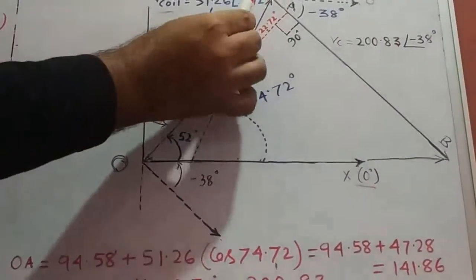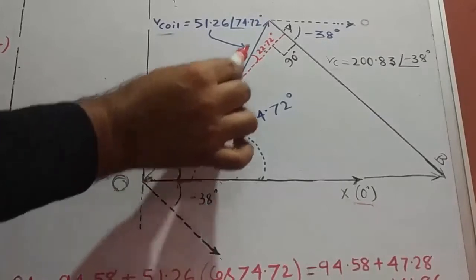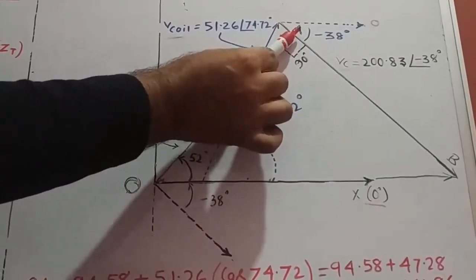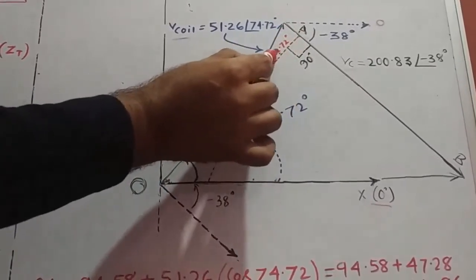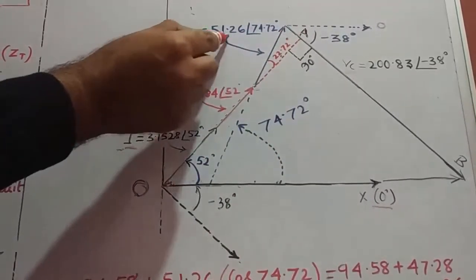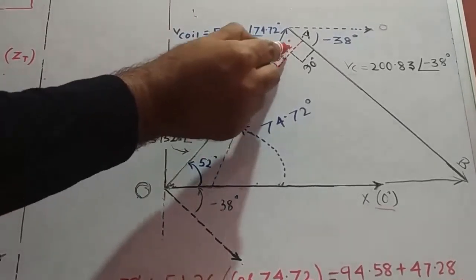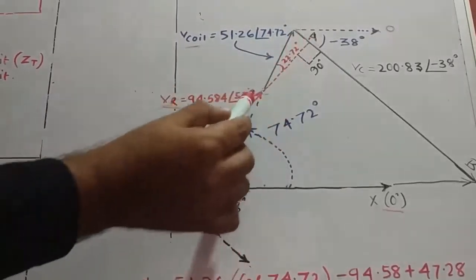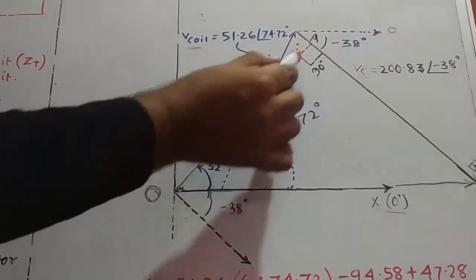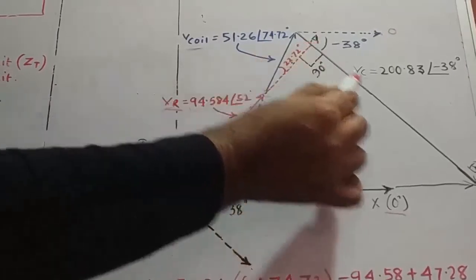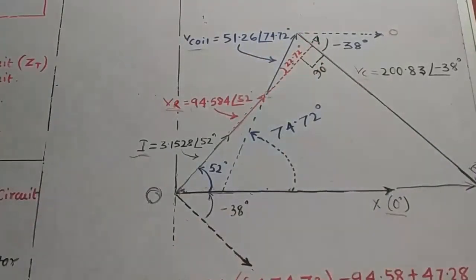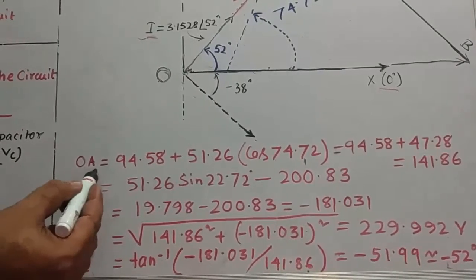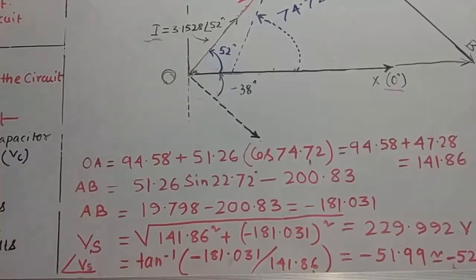Now we will prove whether it comes to 230 or not. I will split the coil voltage into its horizontal part. The horizontal component will be the coil voltage multiplied by cos 22.72. Now we will add VR plus this component, and then the AB component. Coming to the calculation part, first OA.